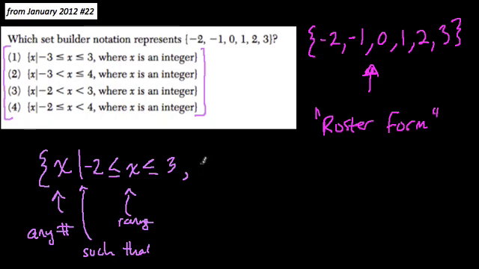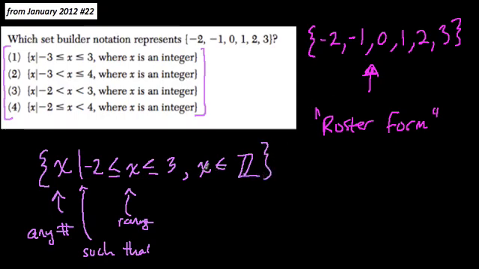And then you want to give a little bit more of a definition. What type of numbers are these? They're in this range here. Well, what type of numbers are they? A fancy shorthand way would be to write x as an element of the integers, Z. In other words, positive or negative whole numbers.